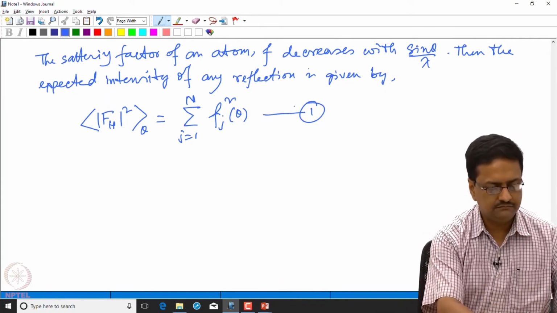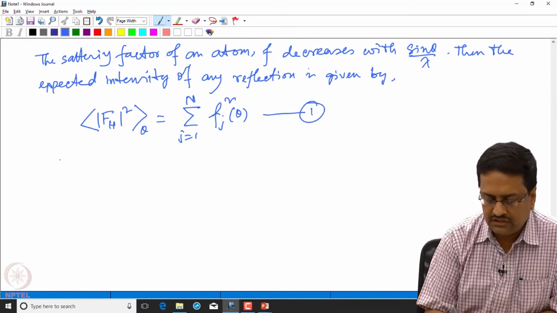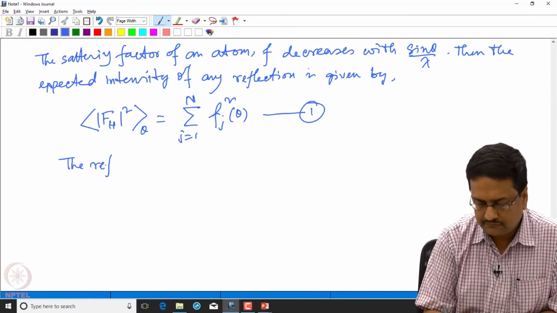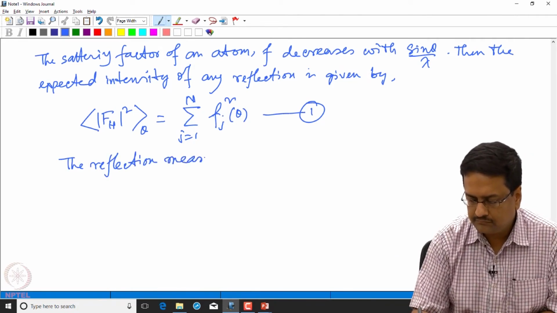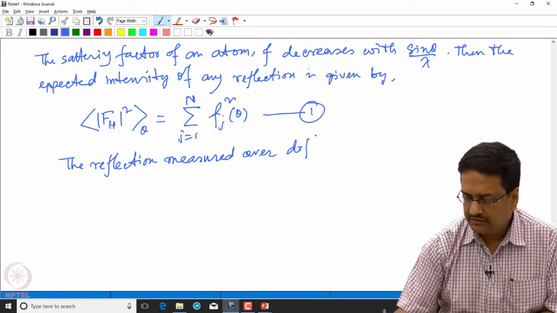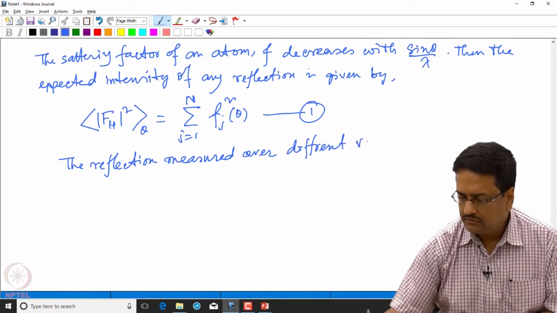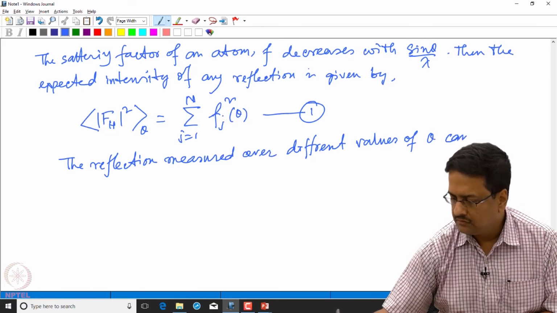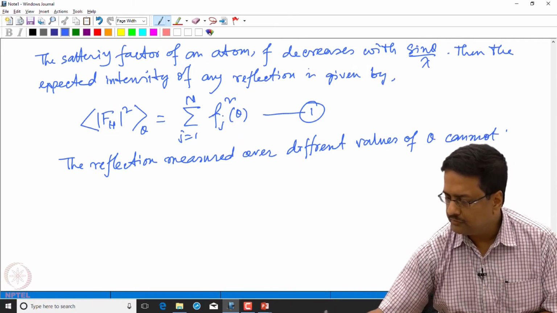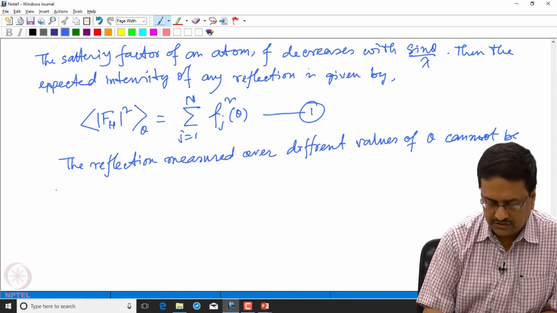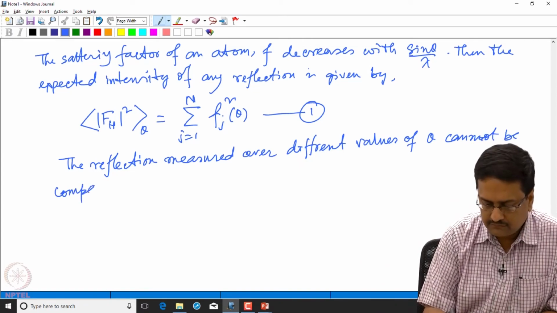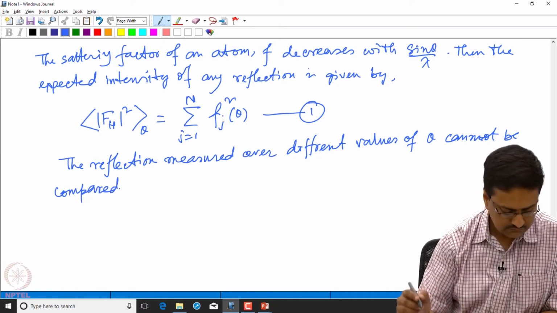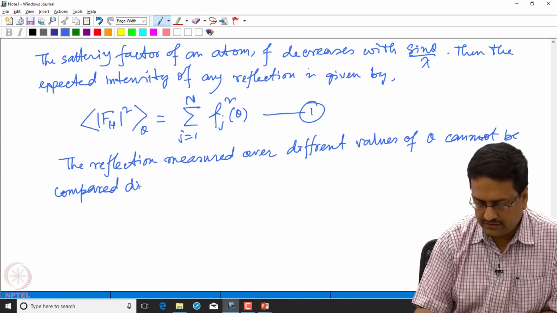Now the reflections measured over different values of theta cannot be compared directly.